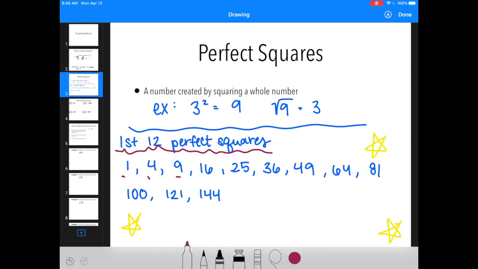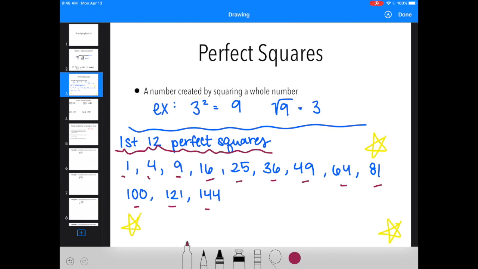So 1 squared is 1. 2 squared is 4. 3 squared is 9. 4 squared is 16. 5 squared is 25. 6 squared is 36. 7 squared is 49. 8 squared is 64. 9 squared is 81. 10 squared is 100. 11 squared is 121. 12 squared is 144. So you don't have to memorize this. You just have to know the square values of the first 12 numbers in the number line.